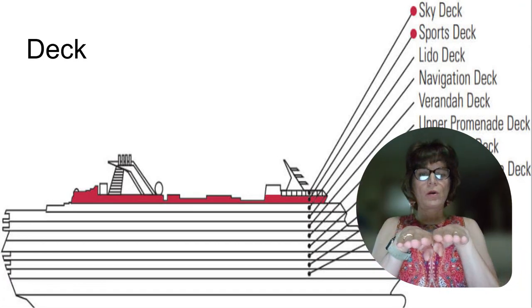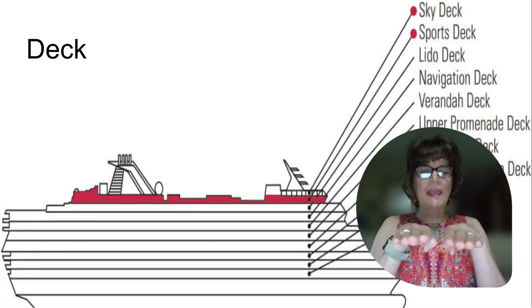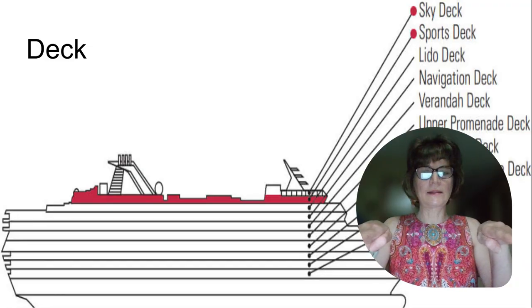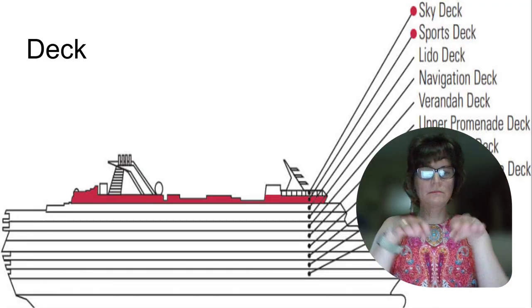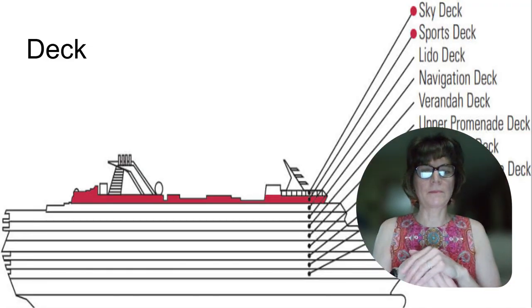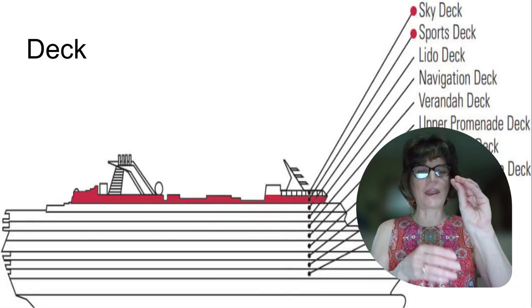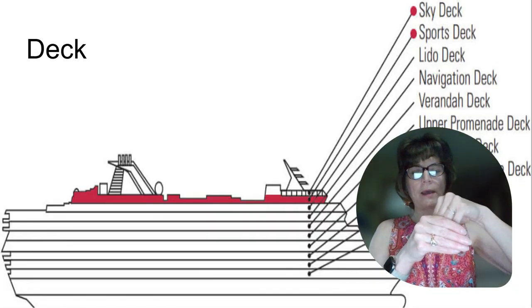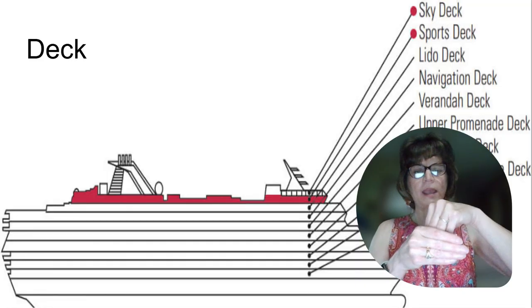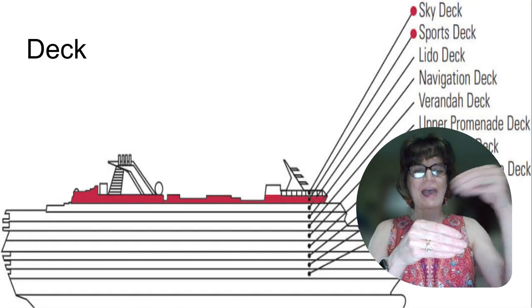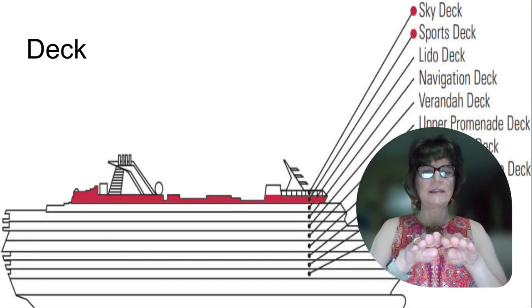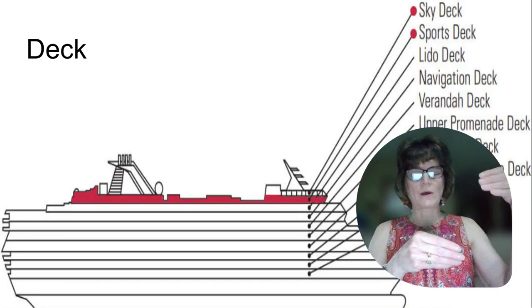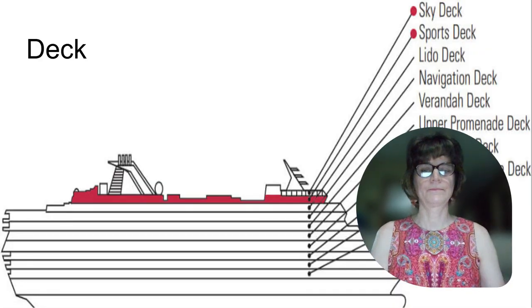Or you can, with two B handshapes, put them together and come out. Deck. Sometimes they sign with a flat O going into your C handshape and bringing it out. That's out, outside, deck.